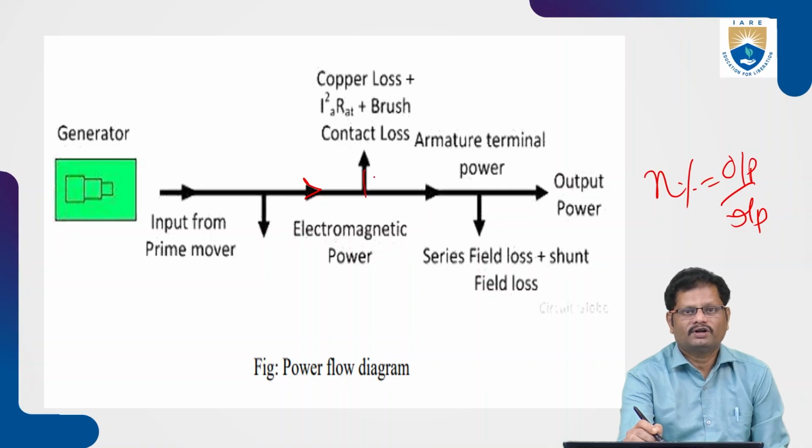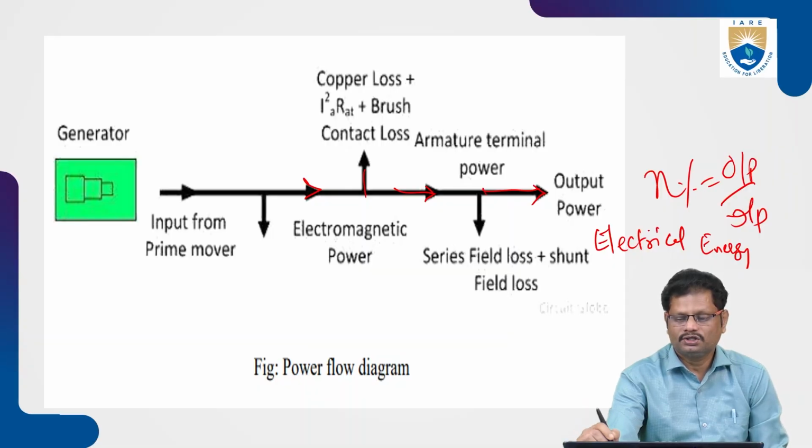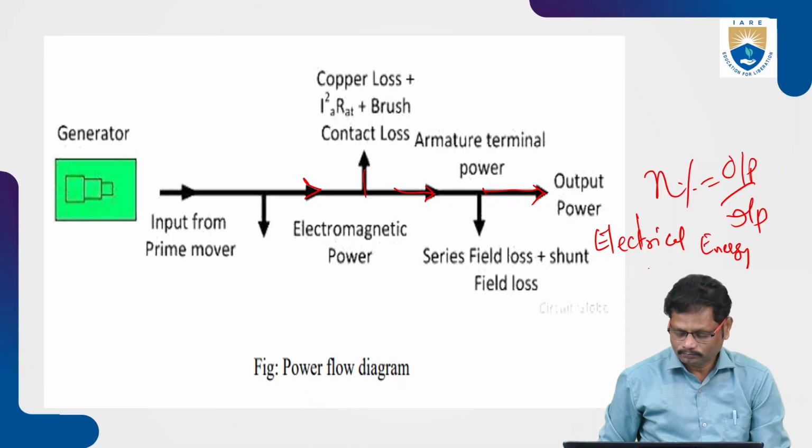After deducting the copper losses at the rotor, the output is given, and again after deducting the armature terminal power, series field losses or shunt field losses, the final output is obtained. So this output is nothing but the electrical output. So electrical energy is the output.